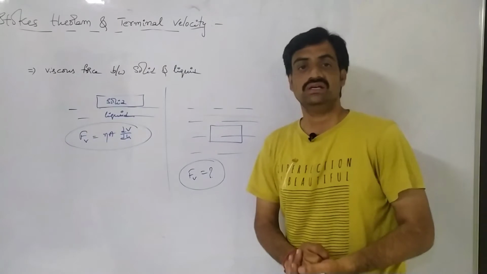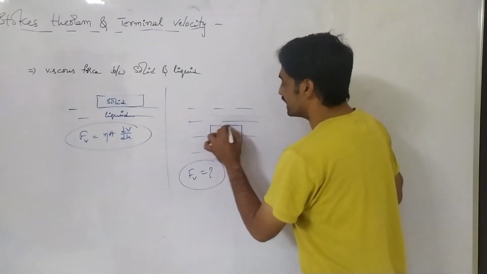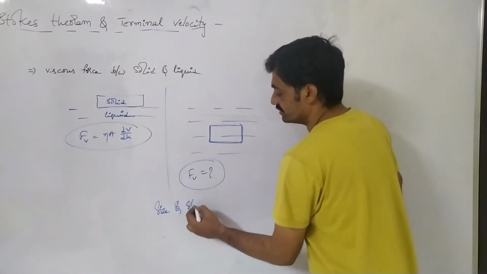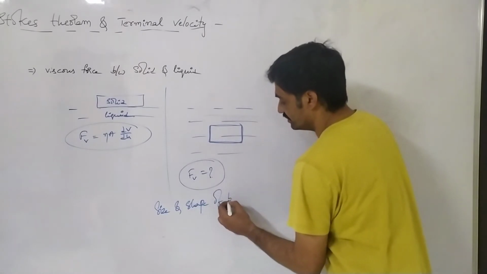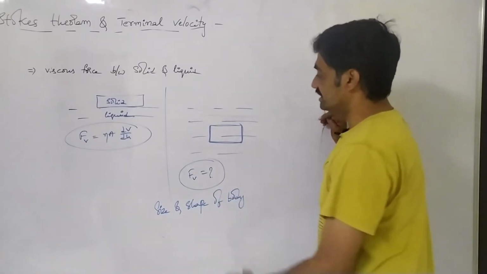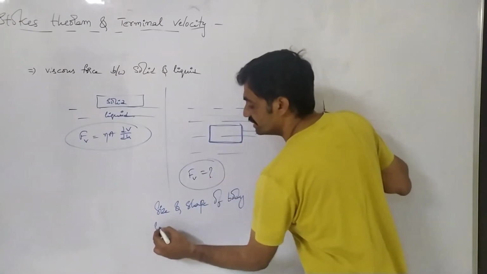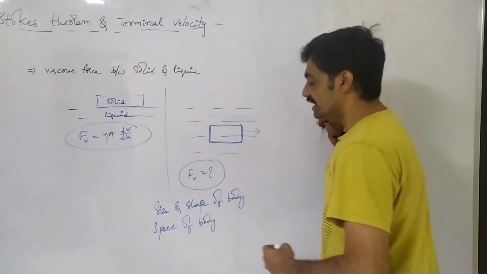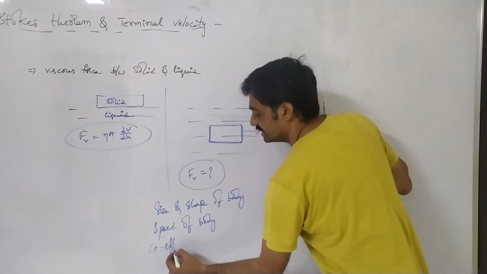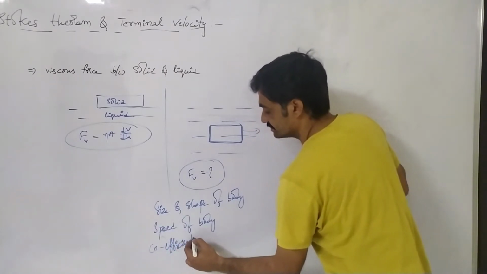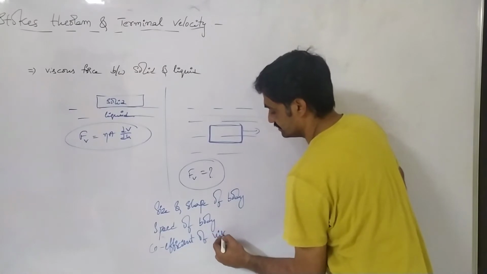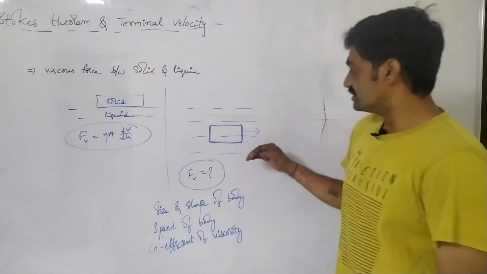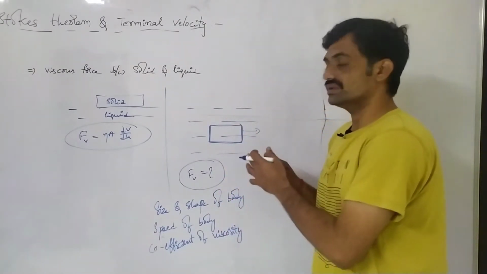When the body is within the fluid, we consider the size and shape of the body, the speed of the body, and the coefficient of viscosity of the fluid.